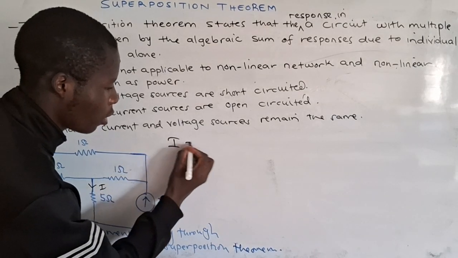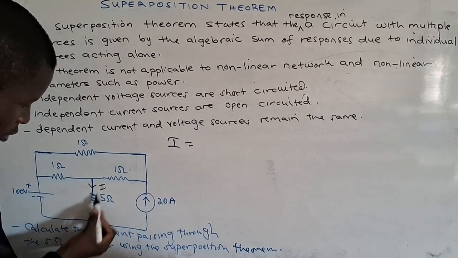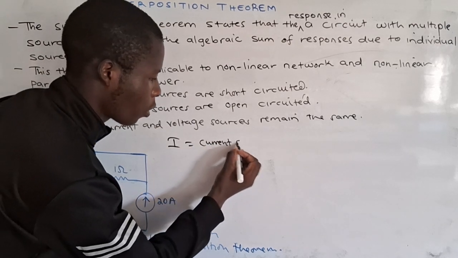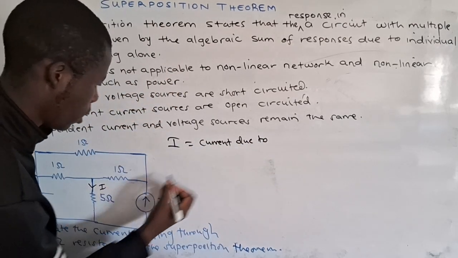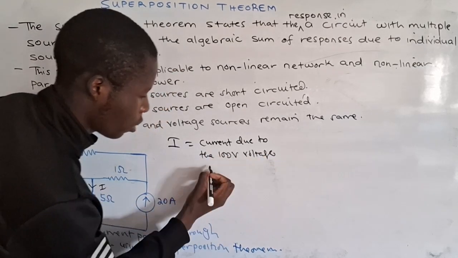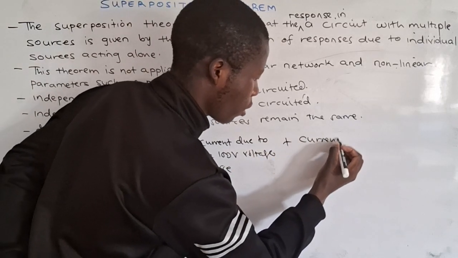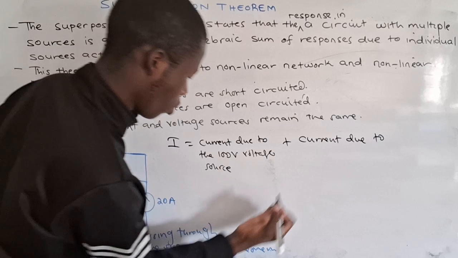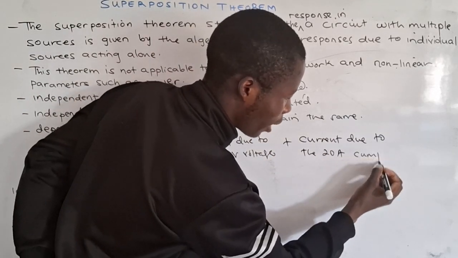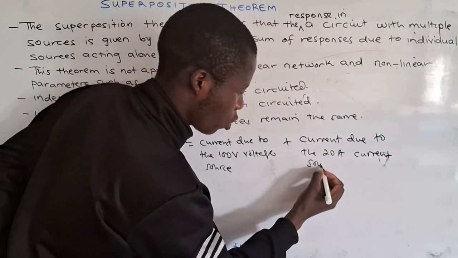So I, the current passing through this 5 ohm resistor, is equal to the current due to the 100 volt voltage source plus the current due to the 20 amp current source.